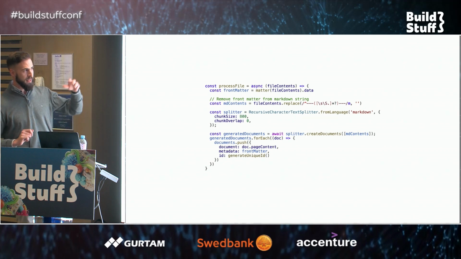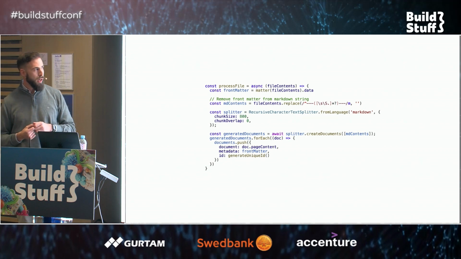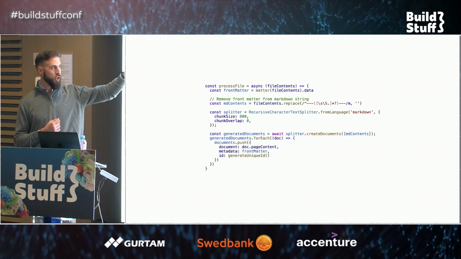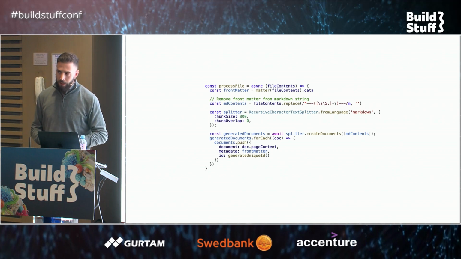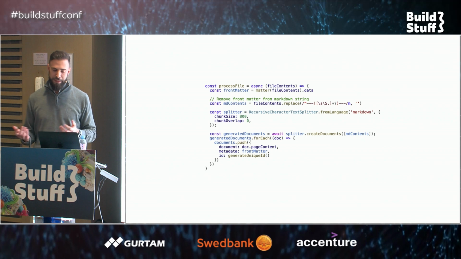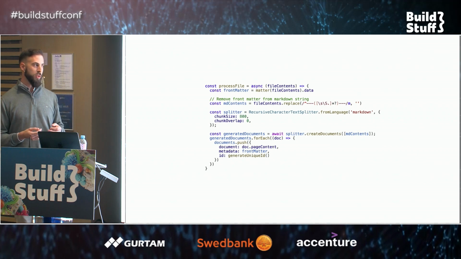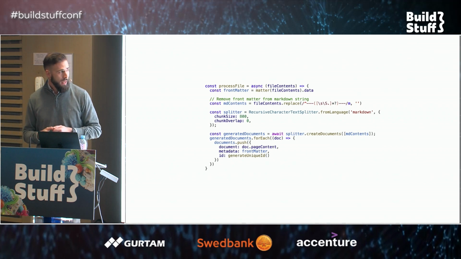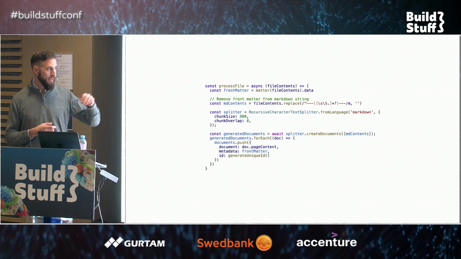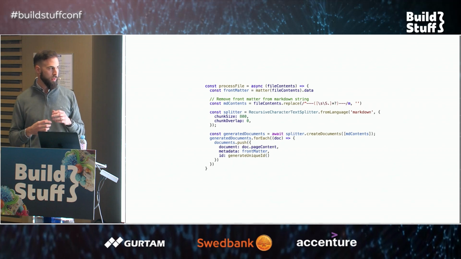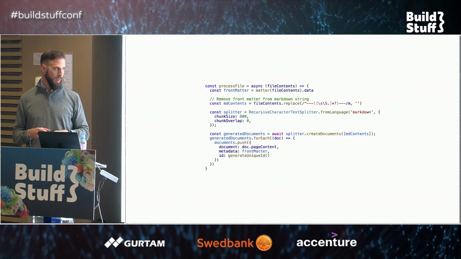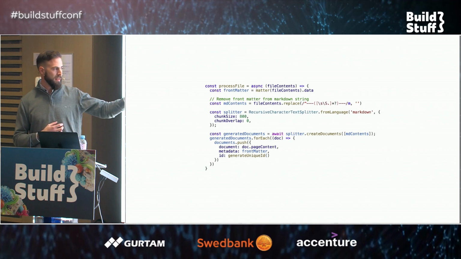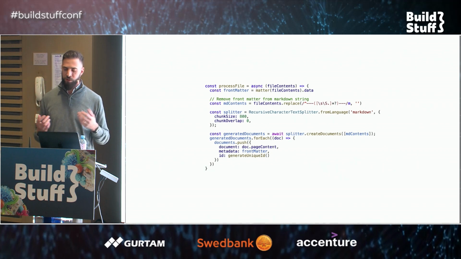Now we're going to tell it that we're going to be parsing markdown, and if we set the chunk size large enough, then it will just split by titles basically, which is very nice. And then we can use the splitter to create a few documents. For all the documents, we save the metadata, and we generate a new unique ID.